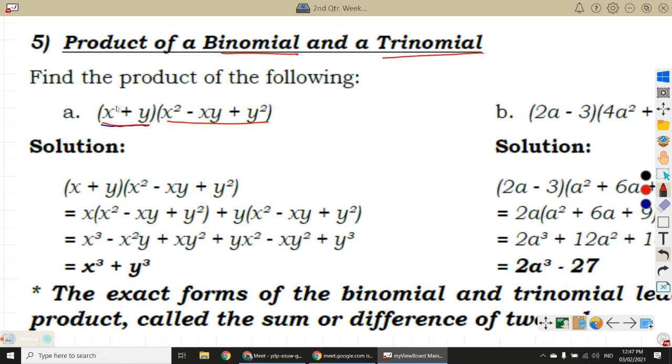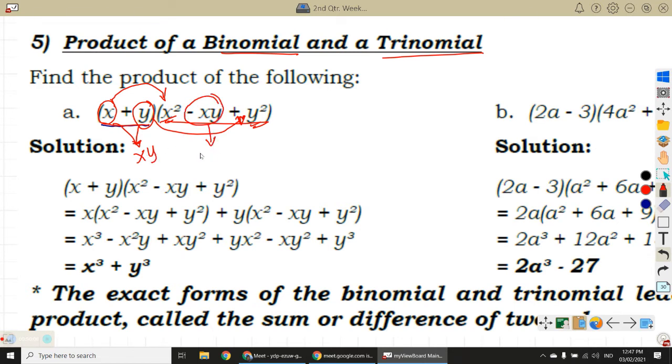Now, by inspection, x times x is x squared. Y times y is y squared. Ayan. So, nakuha ninyo last term and then last term. And then, ito yung pinakahuli. Multiply the two terms, first and second. So, we have xy. And then, the middle term, inspect.